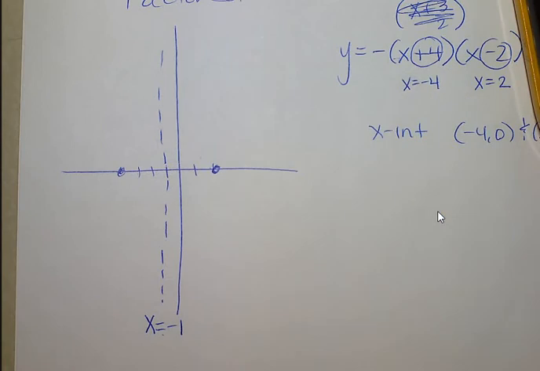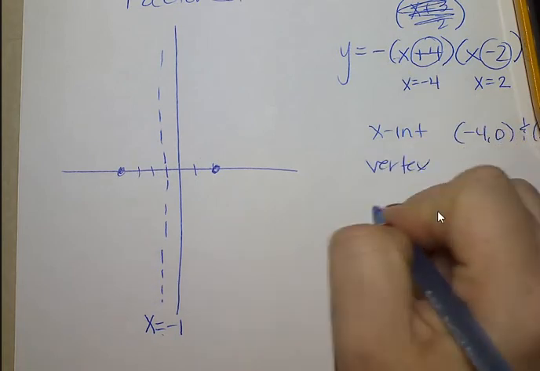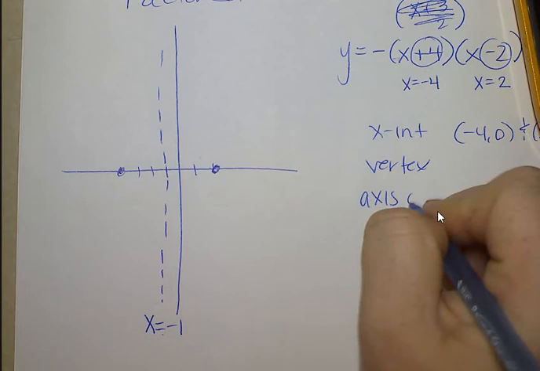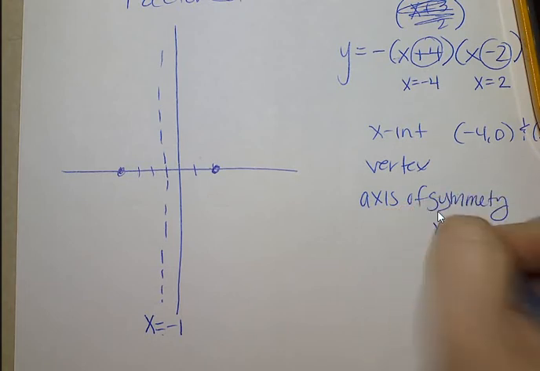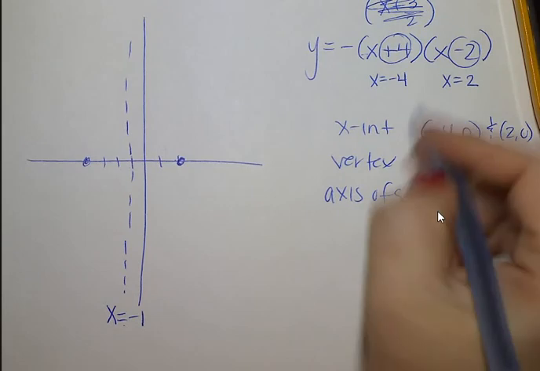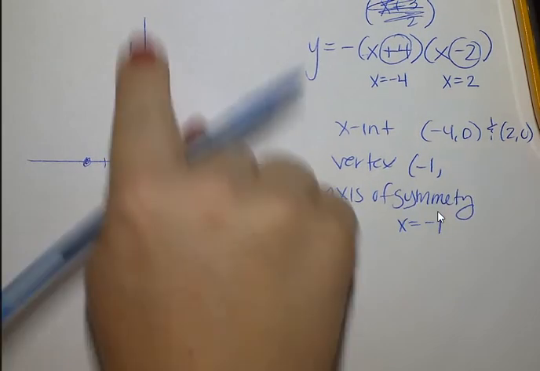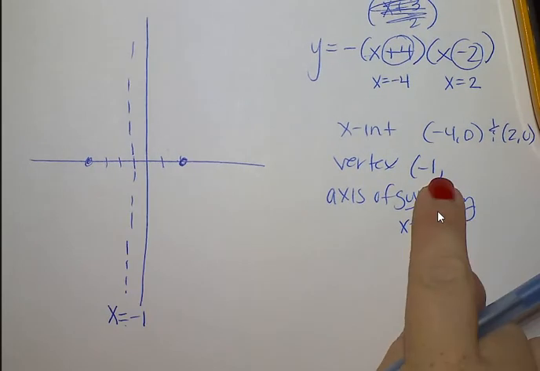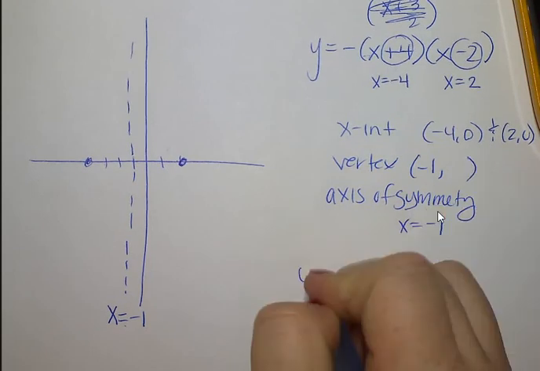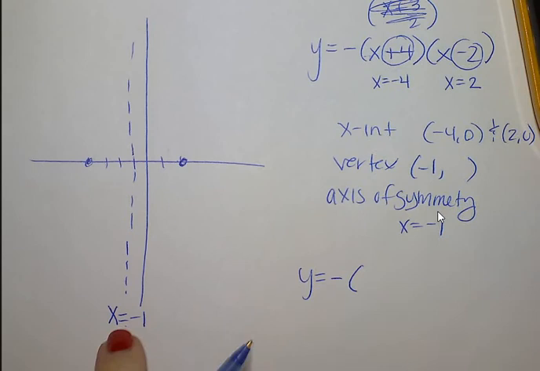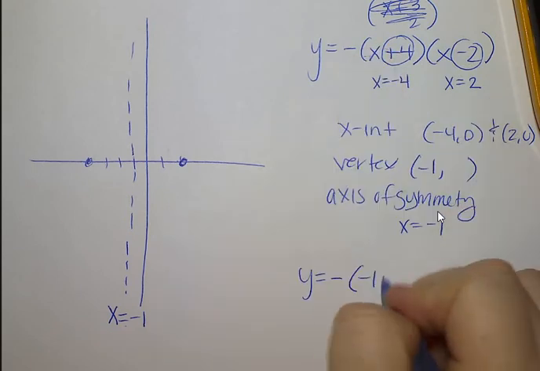Okay, now we need to find the vertex. That's our next step. So I have the axis of symmetry. Sometimes it's called line of symmetry. Now I want to do the vertex. So I know the vertex will have an x value of -1. Go back to the original equation, and we want to find the y value. Wherever I see an x, I substitute a -1 in.